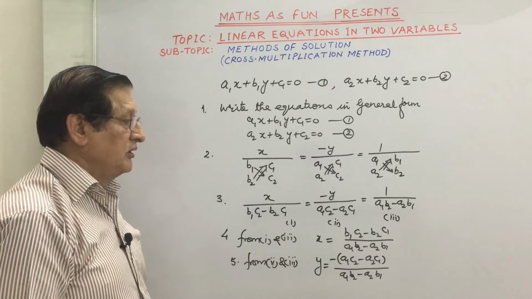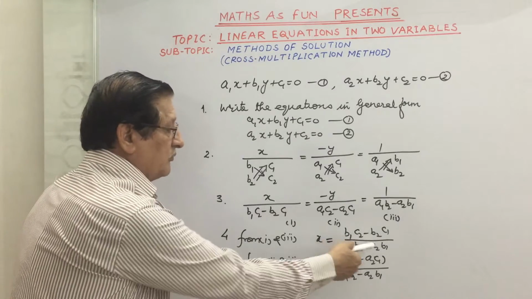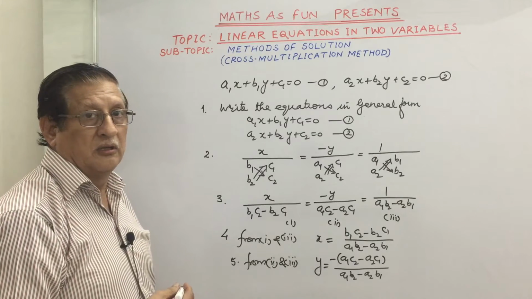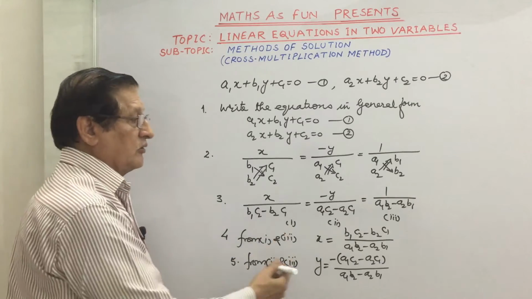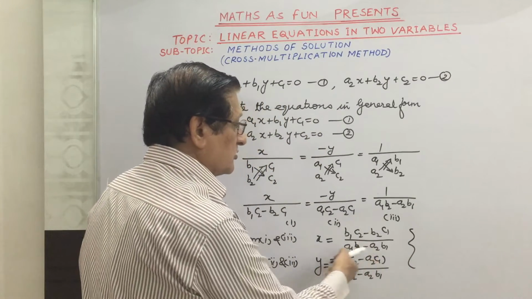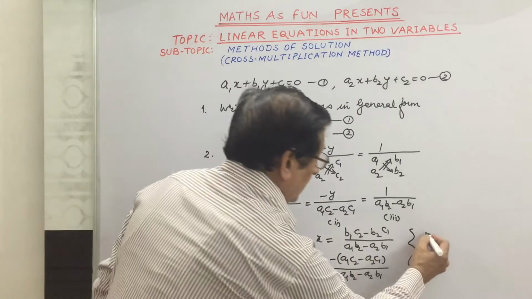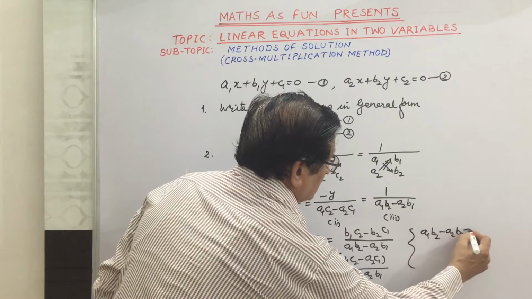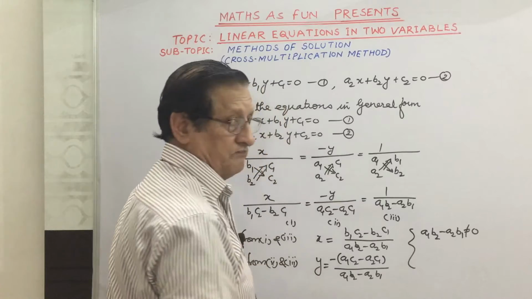Please remember that here we are finding the denominator in both the cases a1 b2 minus a2 b1. To find a particular solution, a unique solution, this particular thing should not be equal to 0. It means a1 b2 minus a2 b1 should not be equal to 0.